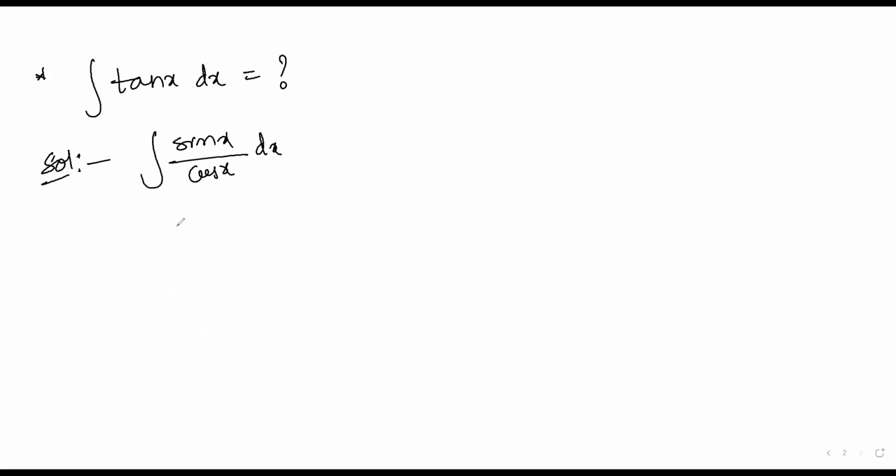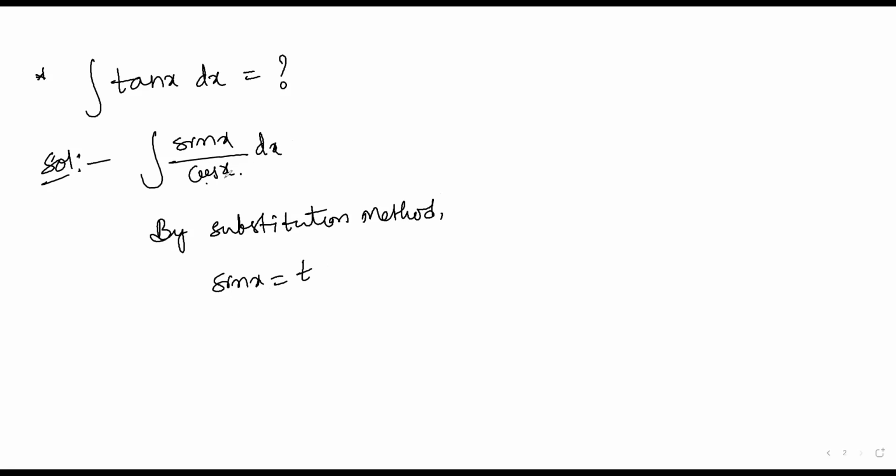Now what do you do? By the substitution method, what do you have to substitute? You assume sin x as some t. Can we assume cos x is equal to t if we want to? Yes, we should actually. Because if you take sin x as t, then cos x dx becomes dt, which you cannot use.